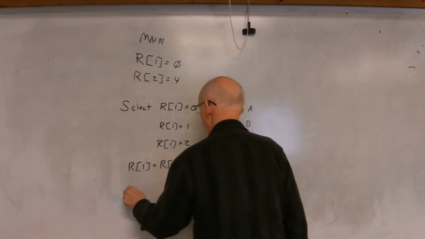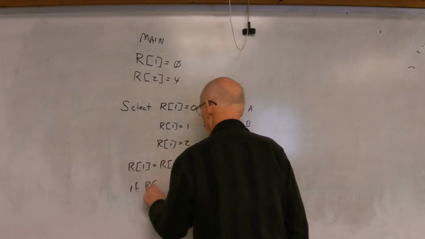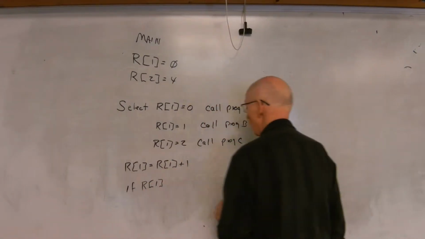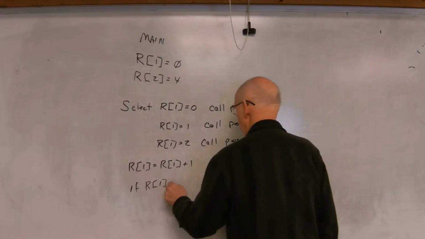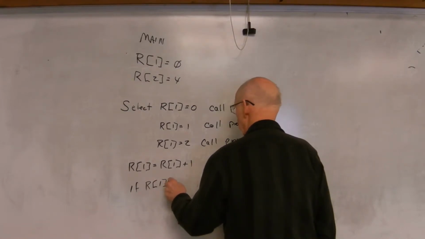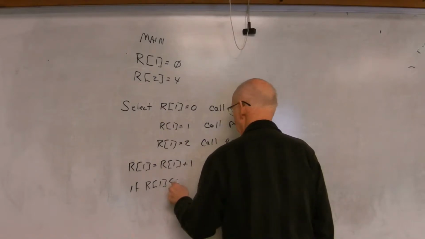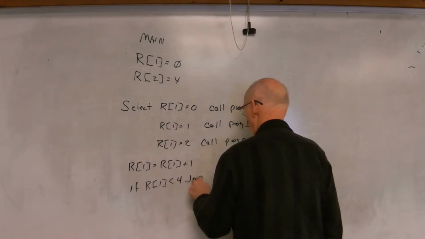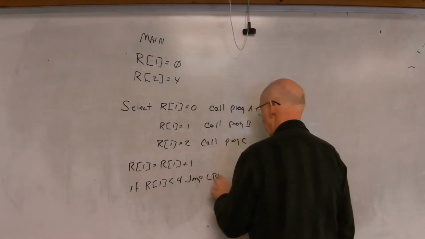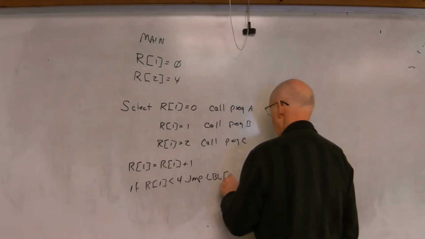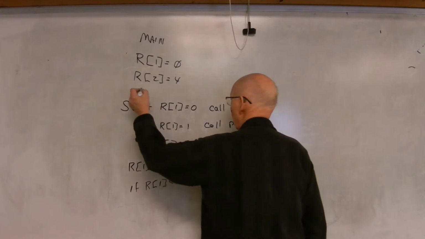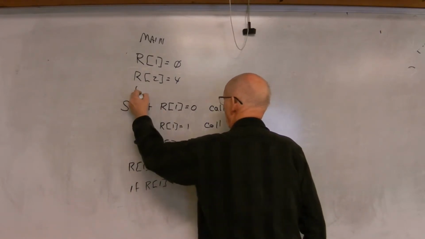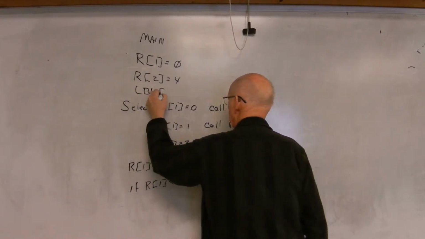And then say if register 1 is, let's say it's less than 4, jump label, we'll just go with label 1, put the label up here.